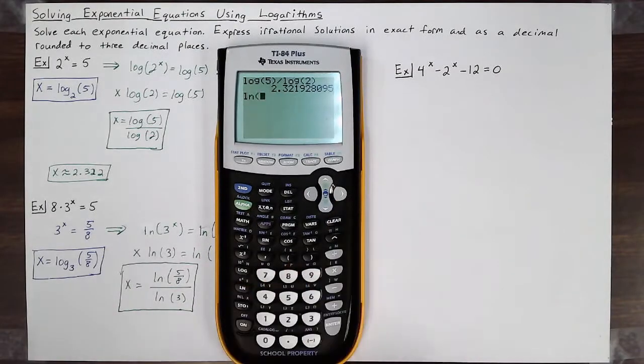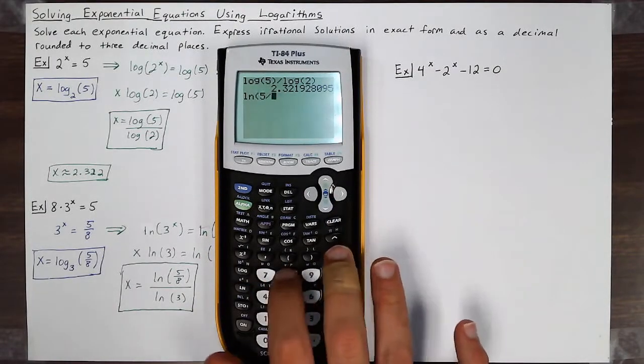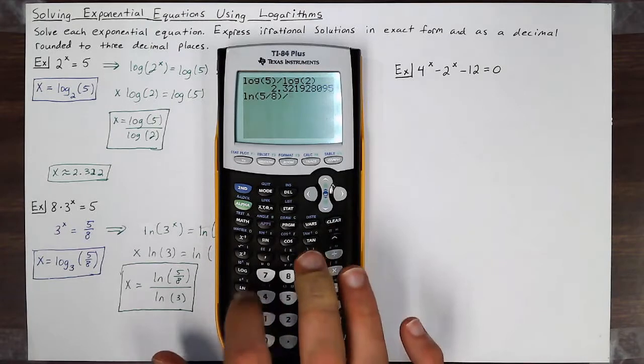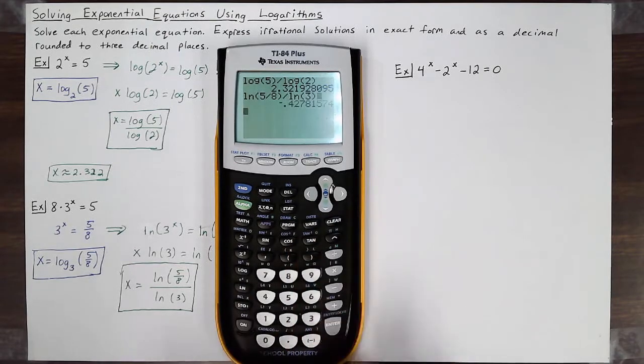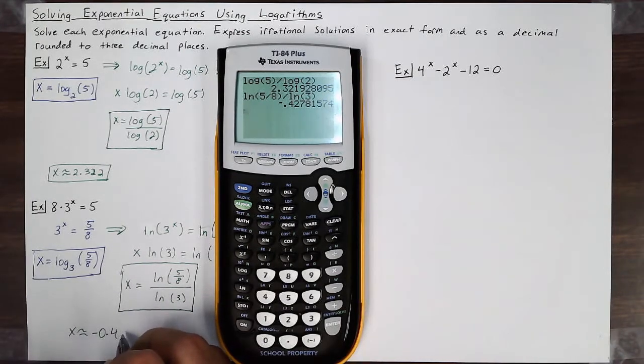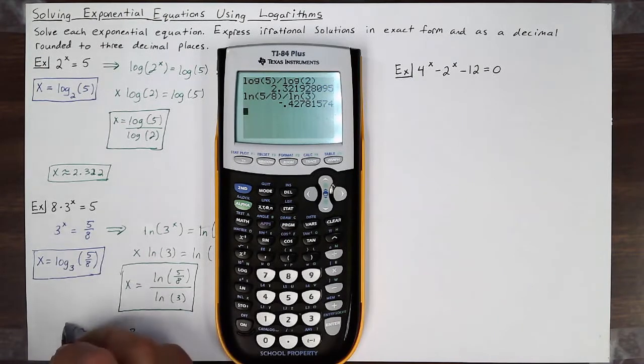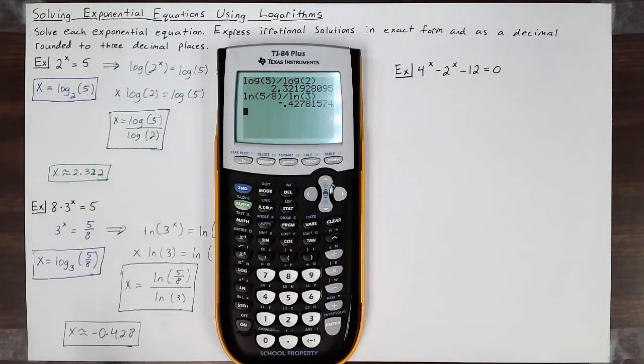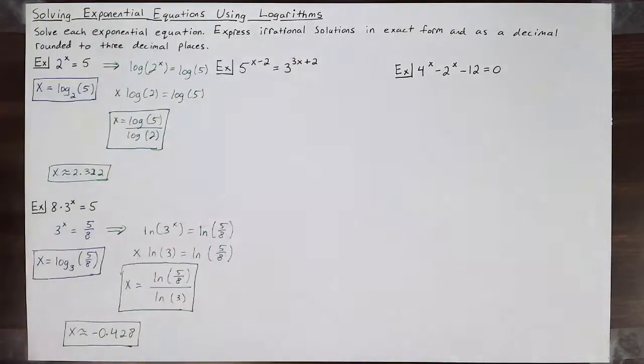Natural log of 5/8 divided by natural log of 3 gives me negative 0.428 when I round correctly. So it truly doesn't matter if you use log or natural log. Using one of them is a viable way to solve the problem. Let's look at the next one.